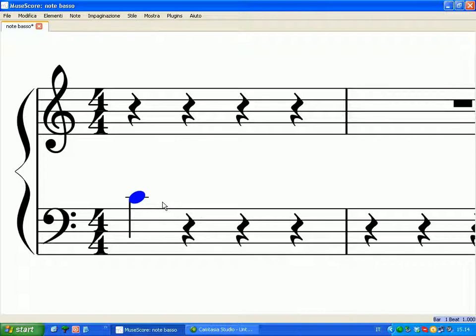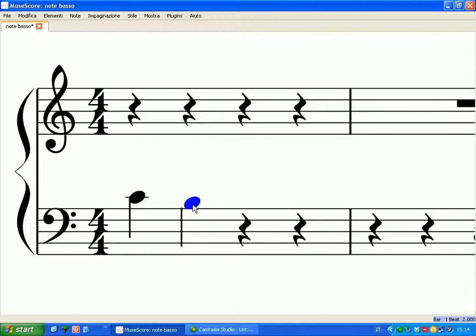So now we have to find the next lower sound than the middle C. So we have to write the note above the fifth line. So this will be the correct note. As you can see, I now have the dot which is above the fifth line, while in the case of the middle C I used the first ledger line. I think it is very intuitive, it is very clear.